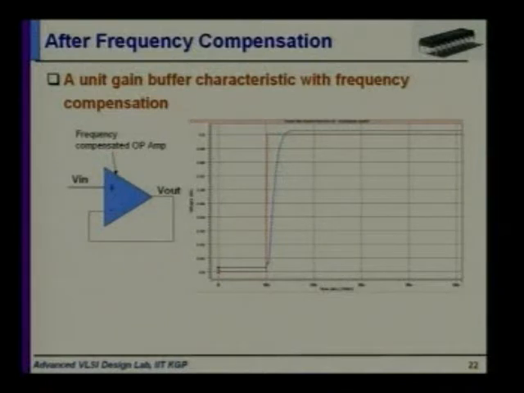This is another condition: it can track the input only up to a certain point. If you give an infinite slope at the input, the output can't follow it. It has some limitations up to which it can follow the input.